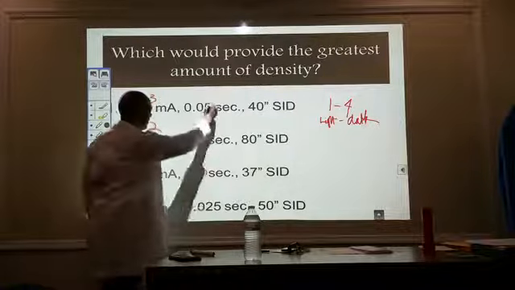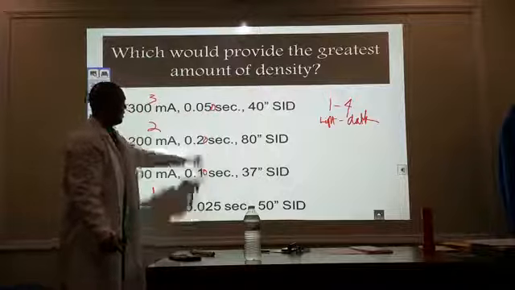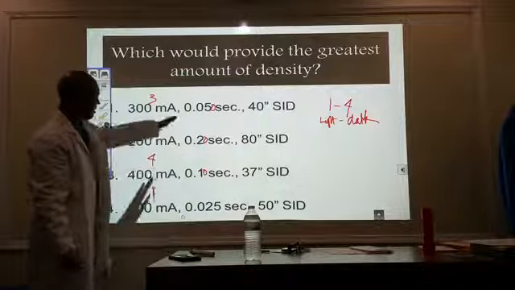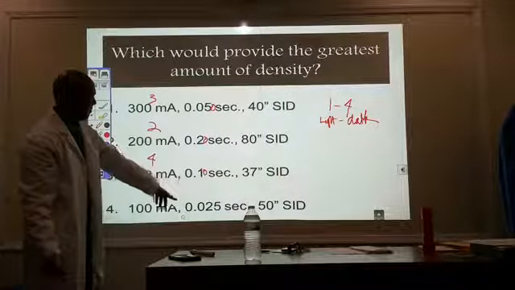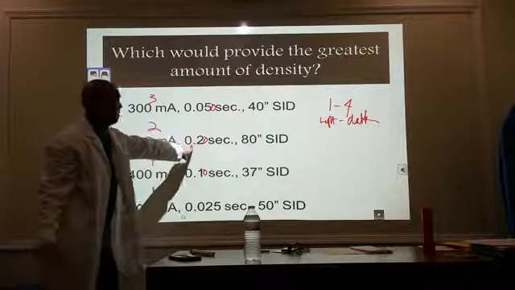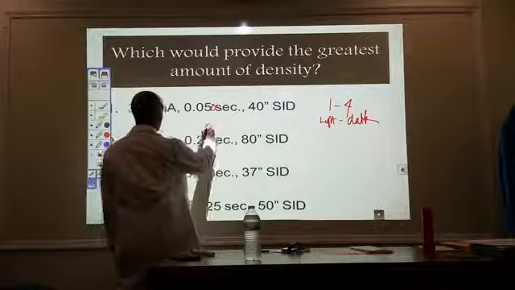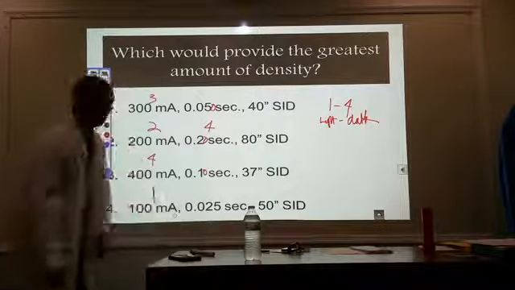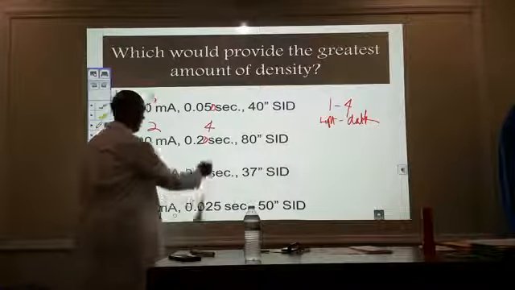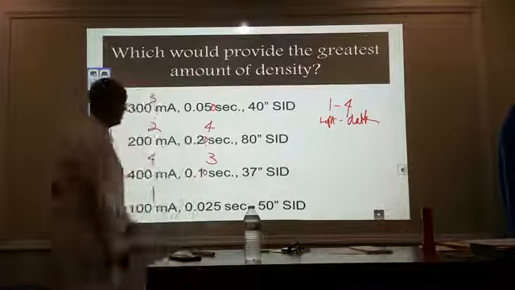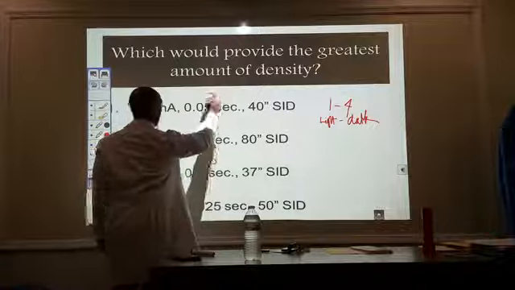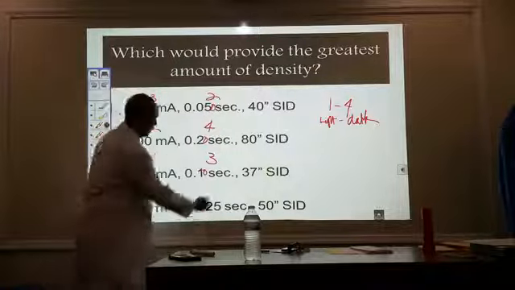It's still the same number, right? All right. So, which is the longest time? 2. Everybody agree? Okay. So this is 4. What's next? 3. 1, 2, and then this being the least, okay.